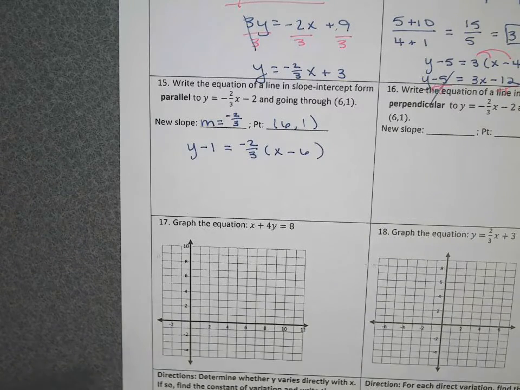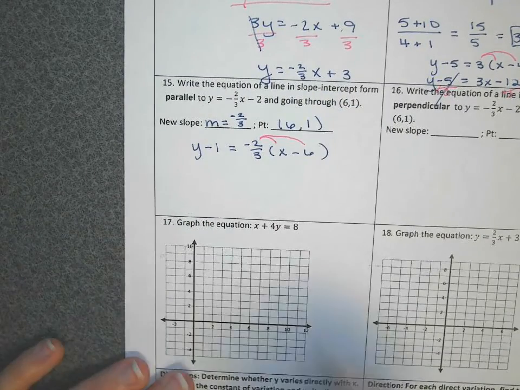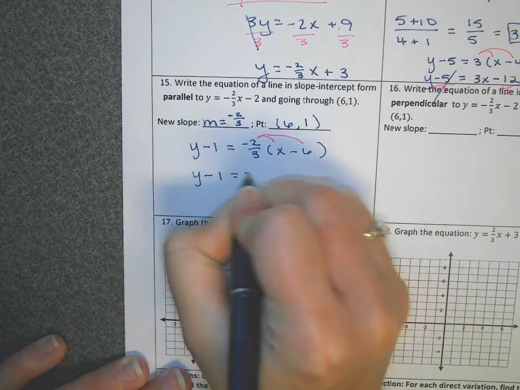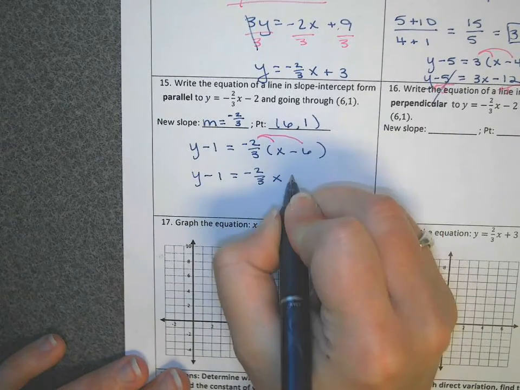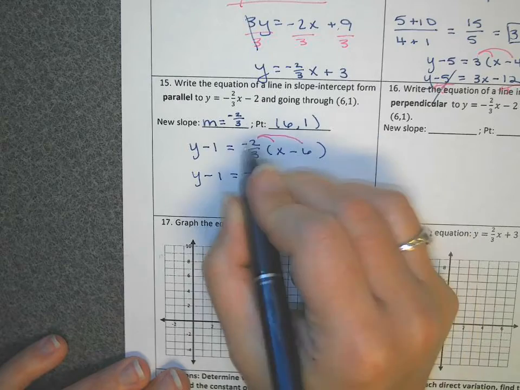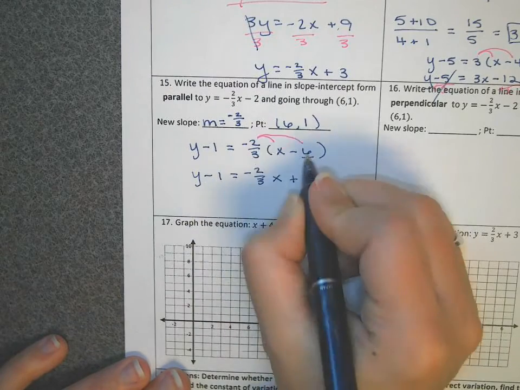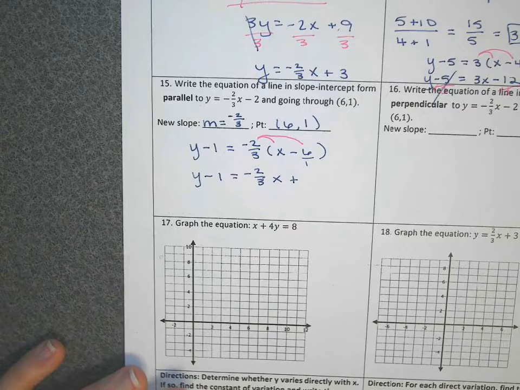So the same that I did last time, I'm going to have to do this time. Start by distributing that slope. Y minus 1 equals negative 2/3 x. Oh no, I have a negative times a negative. That's a positive. 2 times 6 is 12, right? This is over 1. So 12 over 3. What's 12 over 3? 4.